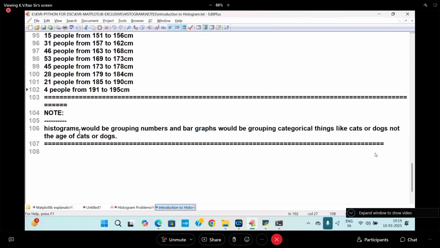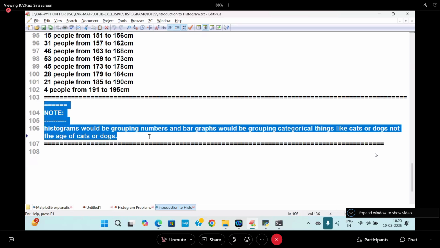So, a histogram groups numbers with frequencies within a class interval. The bar graph groups categorical things like cats and dogs, not the ages of the cats and dogs. It's a small difference, actually depending on how you represent it.